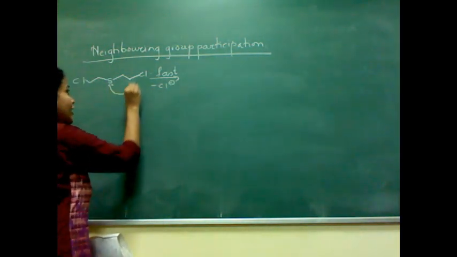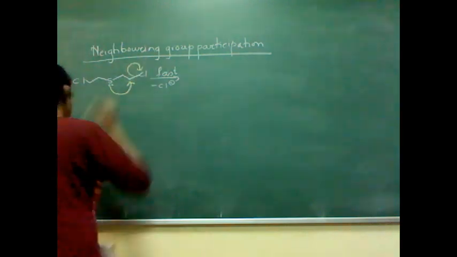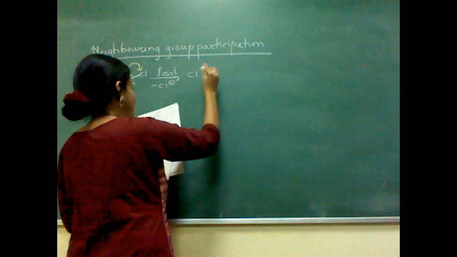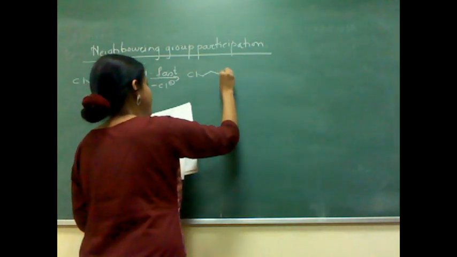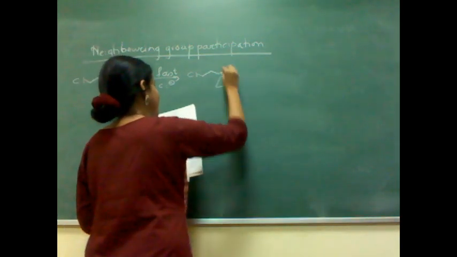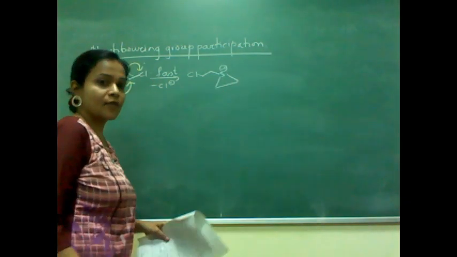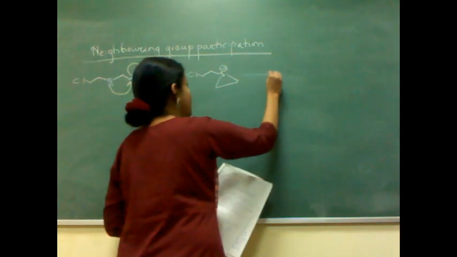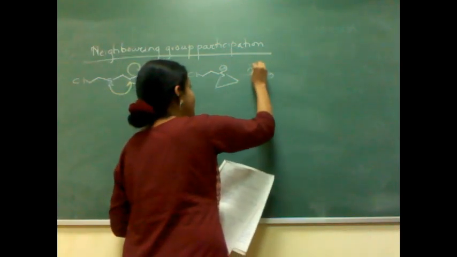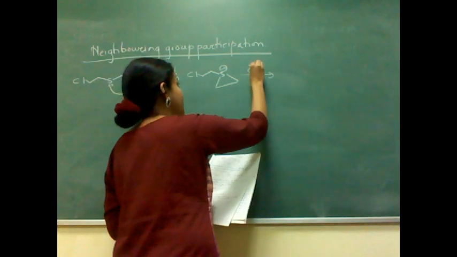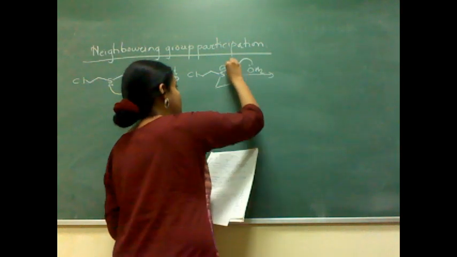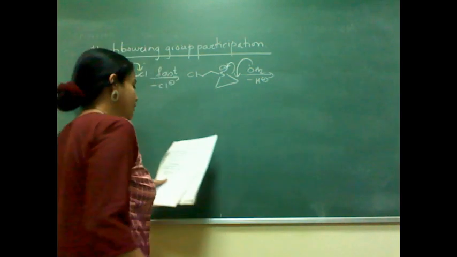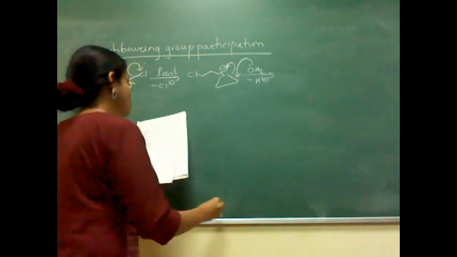So sulfur can knock off the chloro group through the formation of a three-membered intermediate. Now this is the three-membered ring intermediate which is formed, which undergoes ring opening.